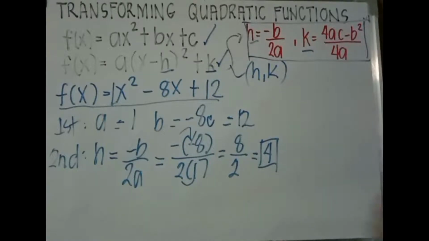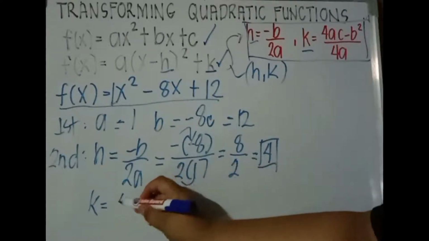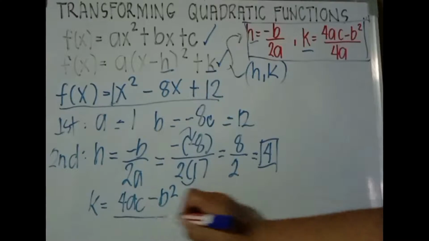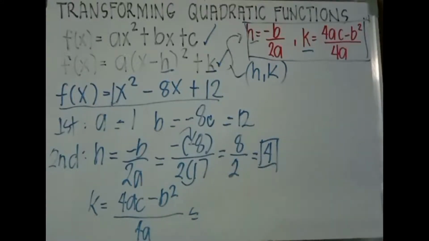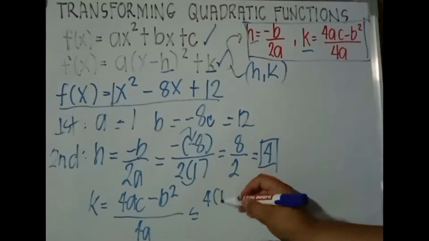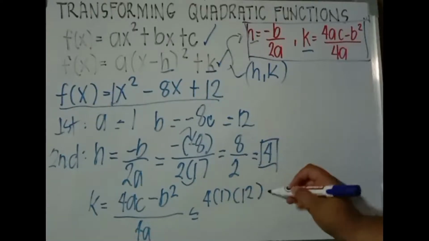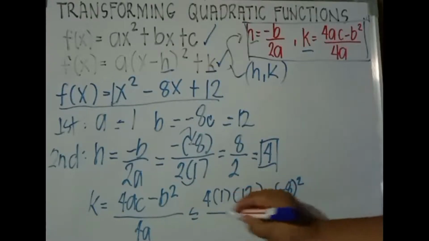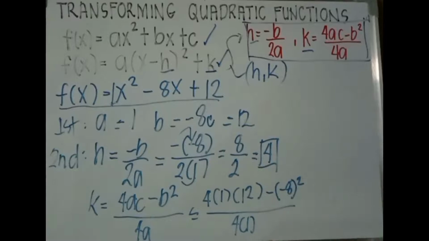Now, we're ready to get the value of your k. Our k is 4ac minus b squared all over 4a. Now it's just a matter of substituting. We have our a, which is equal to 1, our c, which is equal to 12, minus your b, which is negative 8 squared, all over your 4 and your a, which is 1.